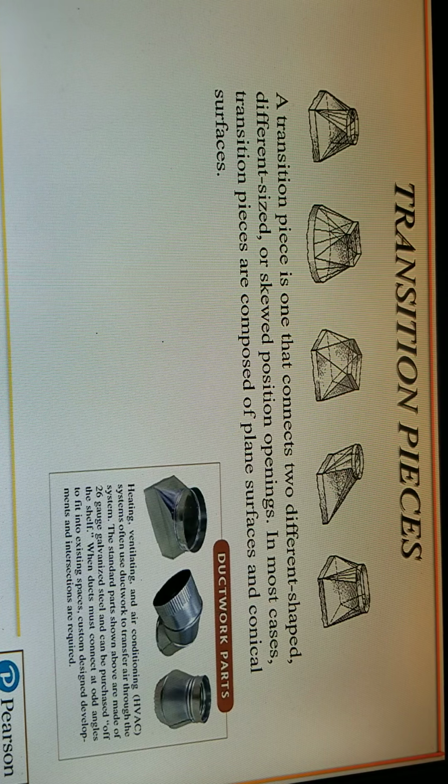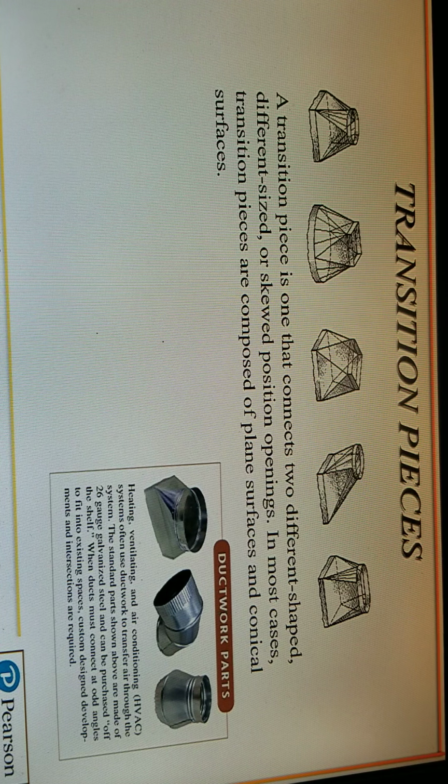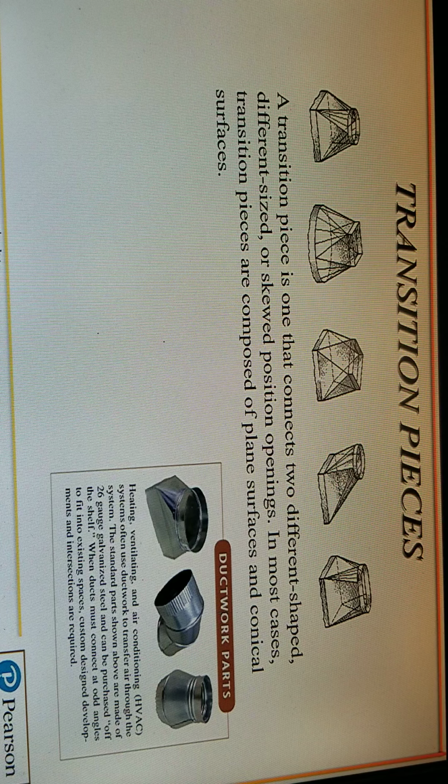Transition pieces. Also in ductwork, you're going to have transition pieces from rectangular duct to round duct, or larger rectangular duct to smaller rectangular duct. You've got to get it in and around beams and pipes and different things in that ceiling area.